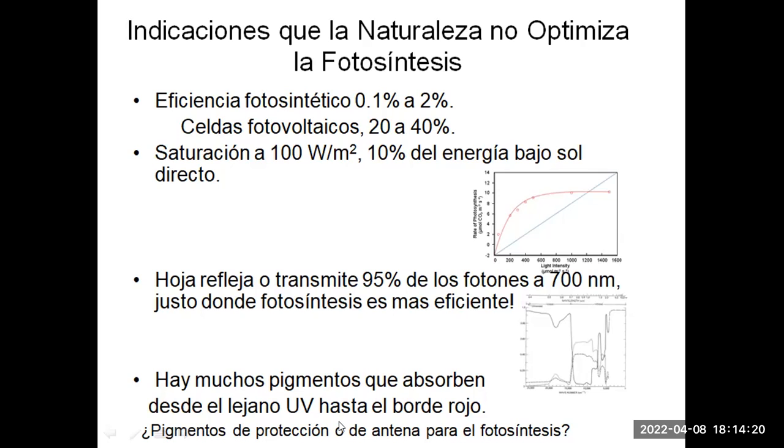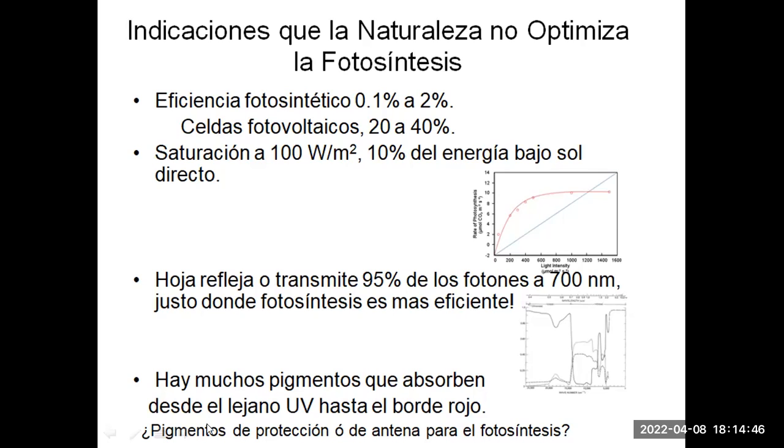So we have a whole range of pigments which are absorbing from the far UV, that's in the UVC range, all the way up to 700 nanometers. And the question is, what are these pigments doing? The biologists say that these pigments are protecting the plant, or they are antenna molecules which are helping to increase the photosynthesis.